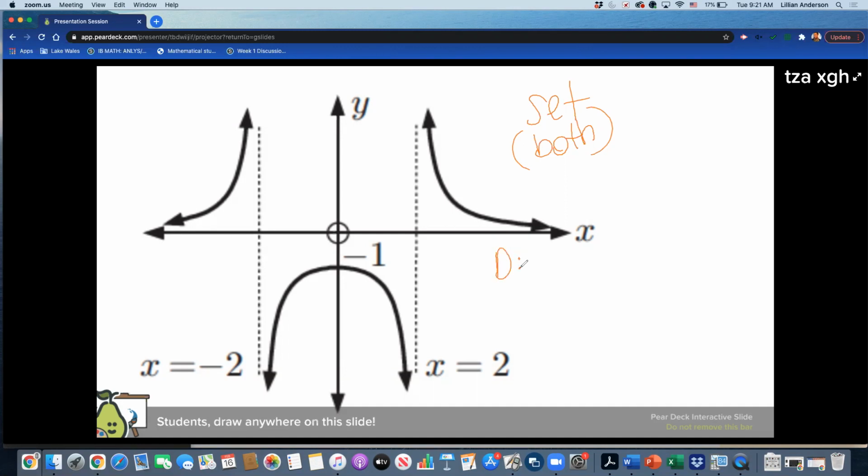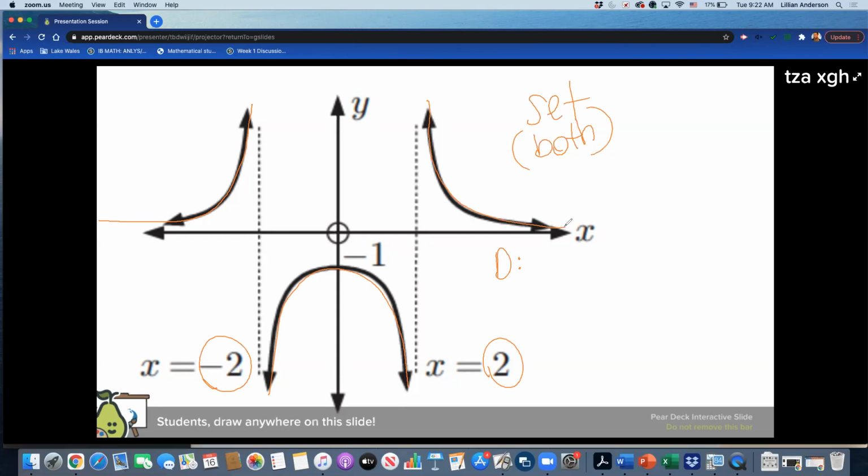So for your domain, let's take a look. From the furthest left, it's defined all the way from negative infinity all the way up until what value? -2. But then it picks up and it continues until what value? And then it continues after that value until? Positive infinity. So it includes every x value except what values?